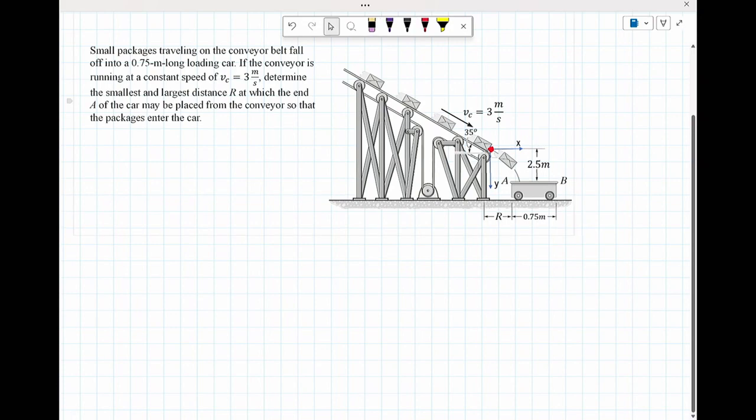The box is dropping a distance of 2.5 meters, which is a positive distance in this coordinate system. And the other thing I should point out is this 35 degrees right here. That may not be clear. With respect to the horizontal, it's a counterclockwise 35 degrees. So up. A and B are the two ends of the cart.